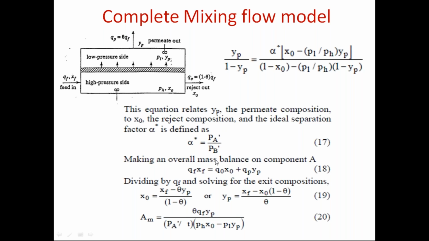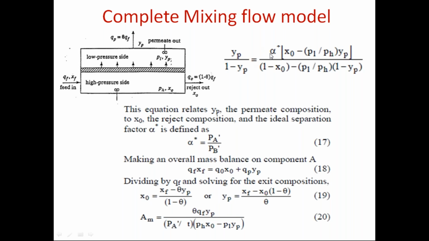So making an overall mass balance, you can get the overall mass balance of component A. QF into XF is equal to P into YP plus Q0 into X0. So that is the equation which you will get, and then you will get one equation for X0 and another equation for YP.